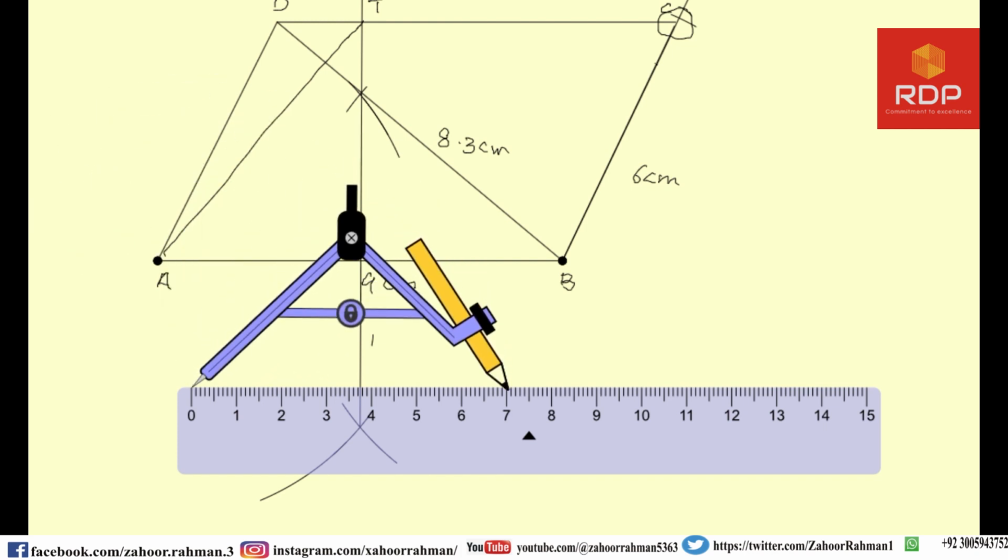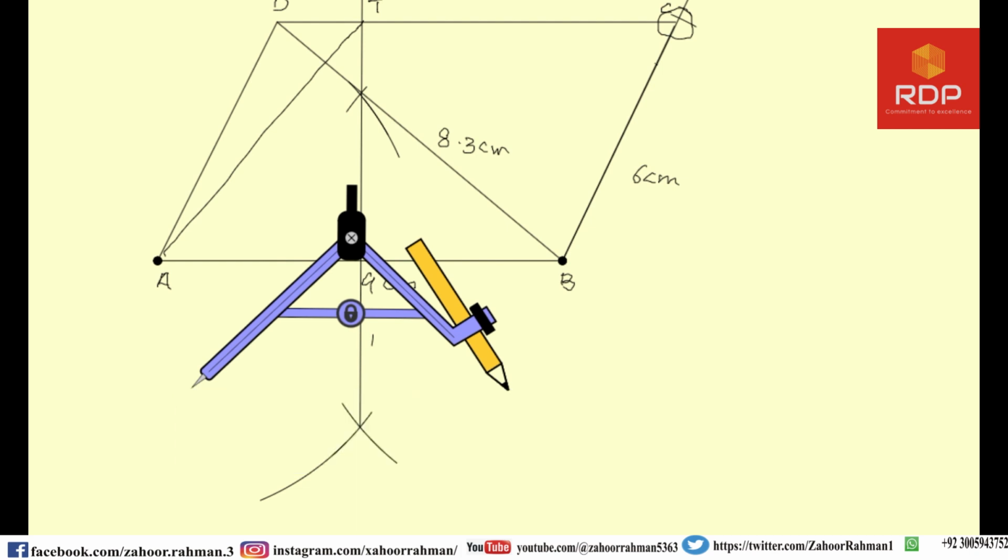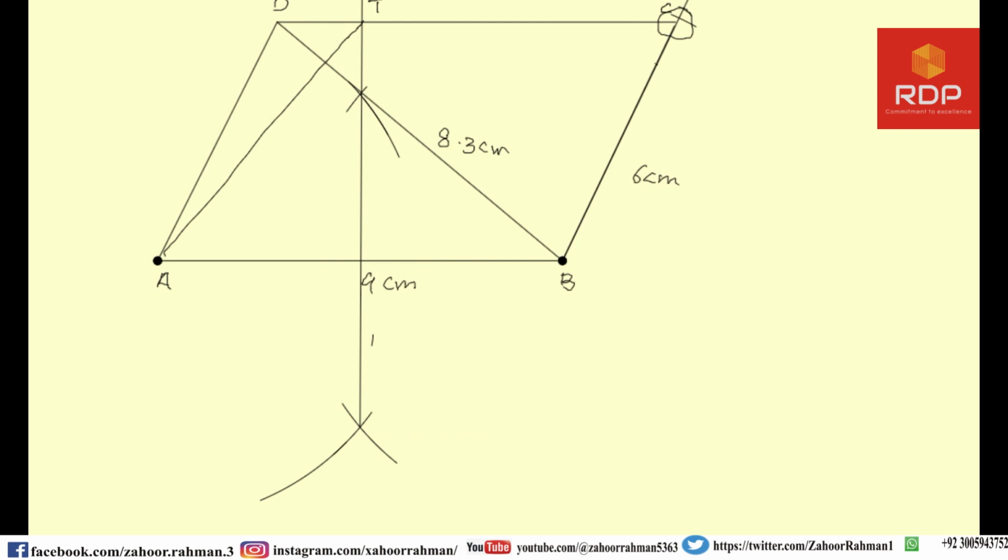So let me bring it, and that is equal to 7.1. As you can see clearly that it is equal to 7.1 centimeter. Okay, that was the whole story about question number 9.